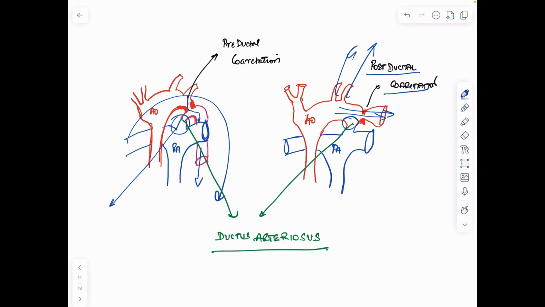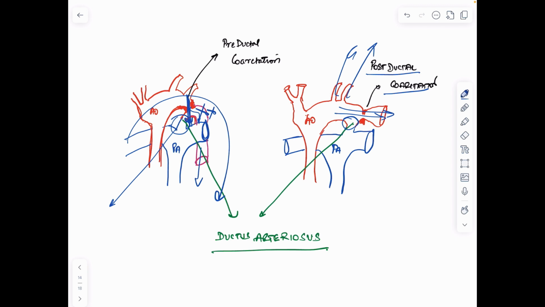lower body. But in case of preductal coarctation, which could be associated with this patent ductus arteriosus, the aortic narrowing prevents the blood flow from reaching the lower body, and it becomes PDA dependent.